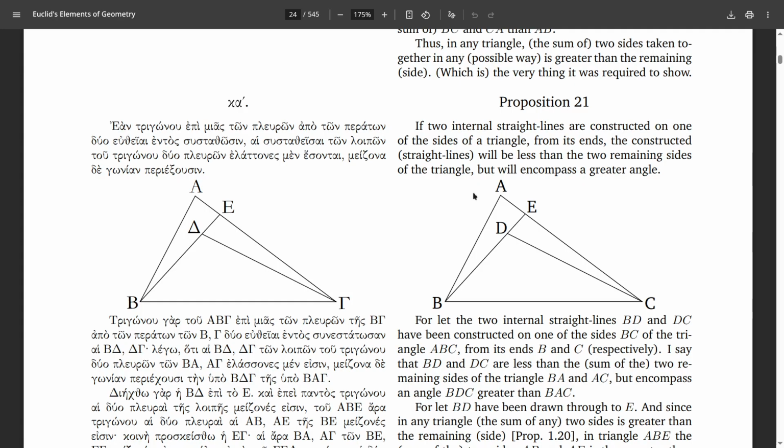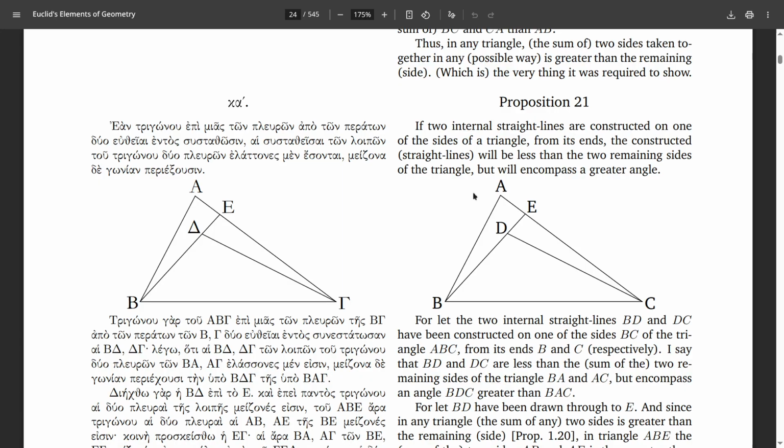Greater angle. Well, because they encompass a greater angle because they're formed of shorter sides, and a greater angle means that the side they are not encompassing would be the largest side, which is opposite of it.